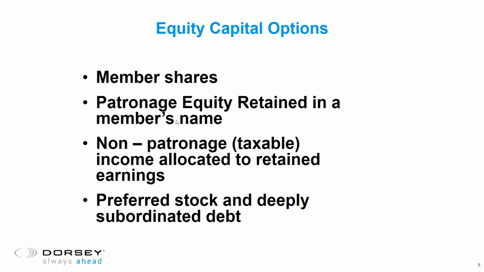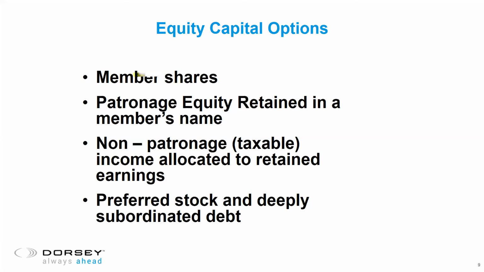You get to deduct your interest on subordinated debt. You don't get to deduct for tax your dividend on preferred stock. Lenders tend to, and people who are looking at your balance sheet for strength tend to, look at preferred stock as having more equity characteristics than subordinated debt.